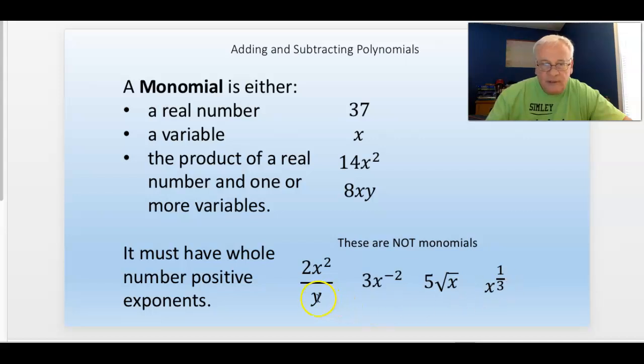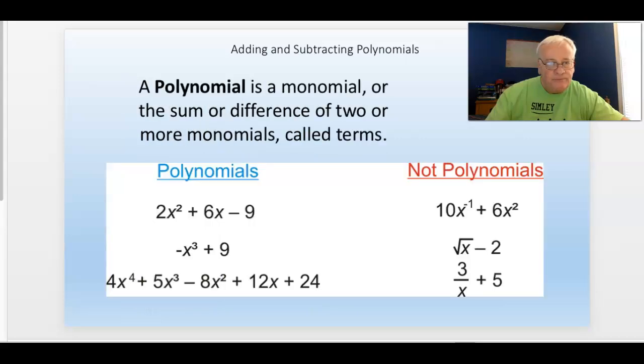If the variable is underneath the fraction, in the denominator, that's not a monomial. Or if it has a negative exponent, or a fractional exponent, like 1/3 here, or if it's a square root, or a root of any kind, those are not monomials.